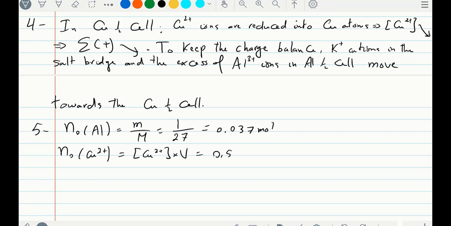Concentration 0.5 and volume equals 50 milliliters, that means 50 times 10 to the power minus 3 liter, equals 0.025 mole. This is the initial number of moles of Al and Cu2+.